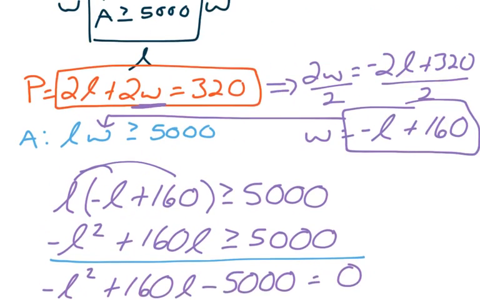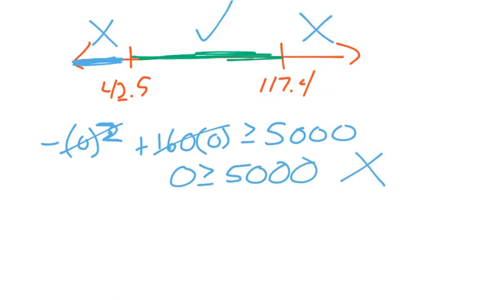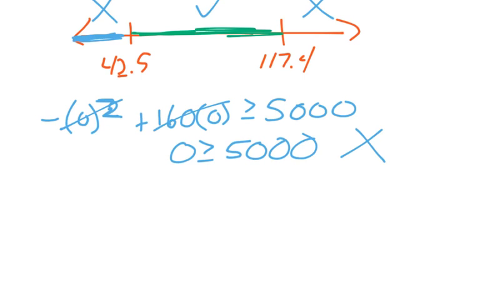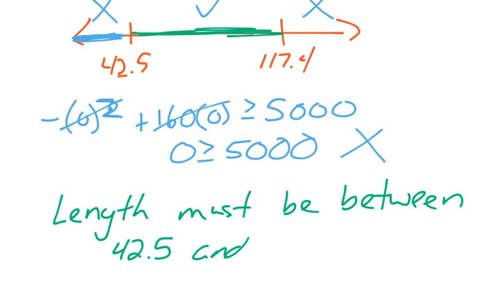The task is to describe the possible lengths of the playground. Well, the length of the playground must be between 42.5 and 117.4 meters.